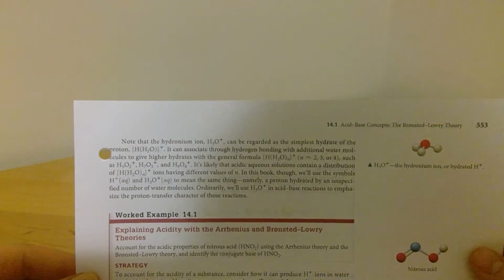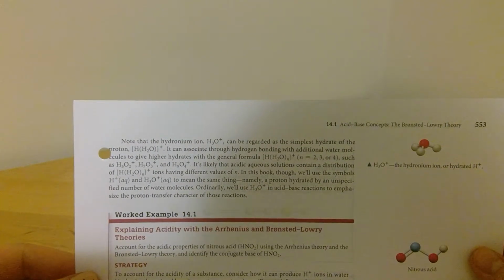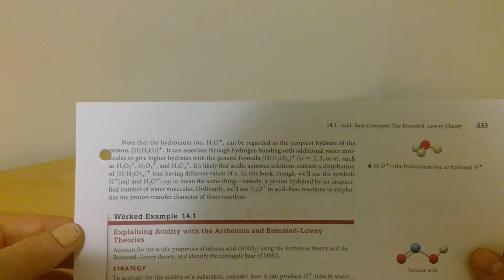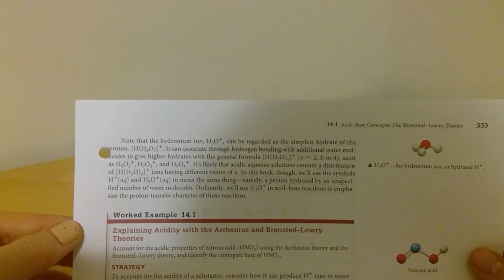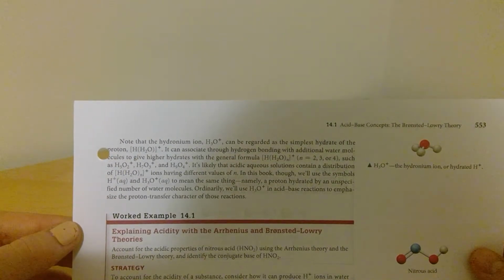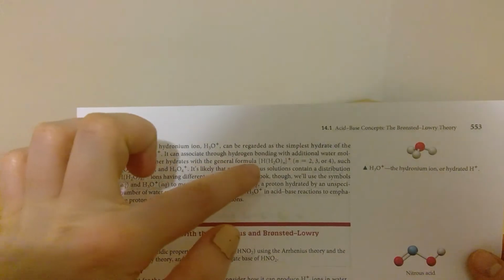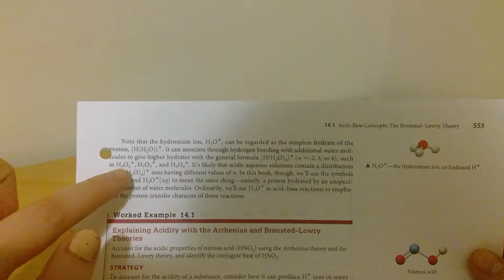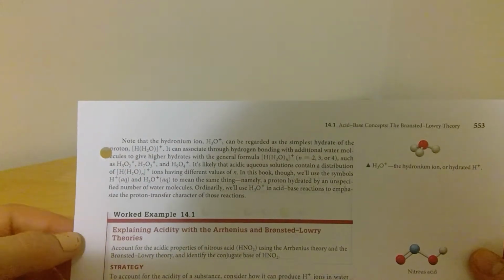Note that the hydronium ion H3O+ can be regarded as the simplest hydrate of the proton. It can associate through hydrogen bonding with additional water molecules to give higher hydrates with the general formula H(H2O)n+, such as H5O2+, H7O3+, and H9O4+.